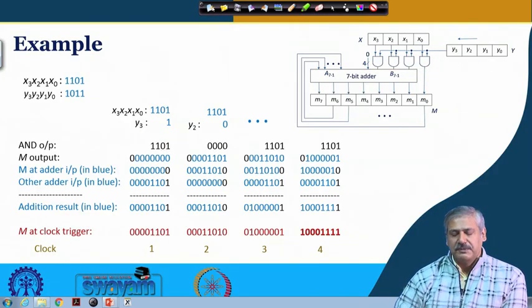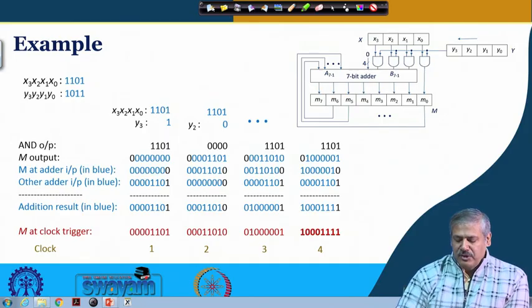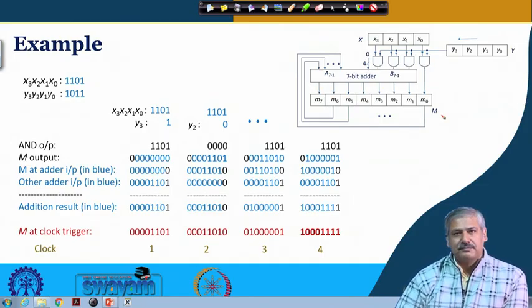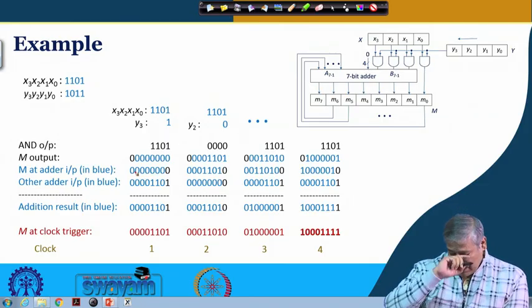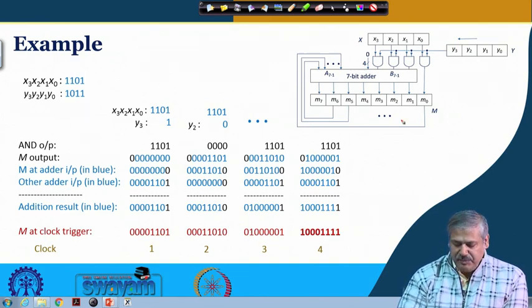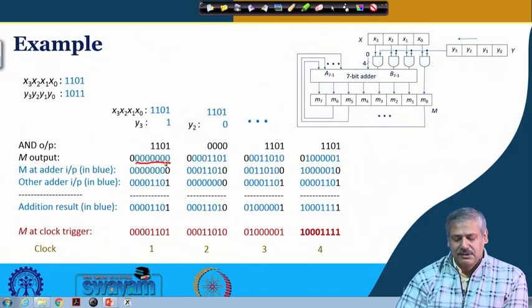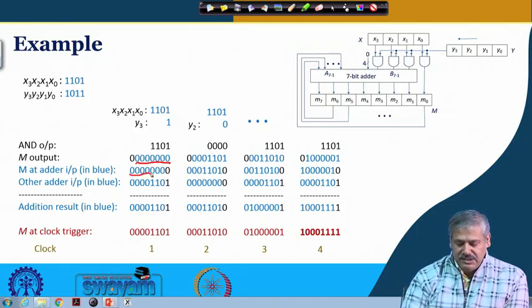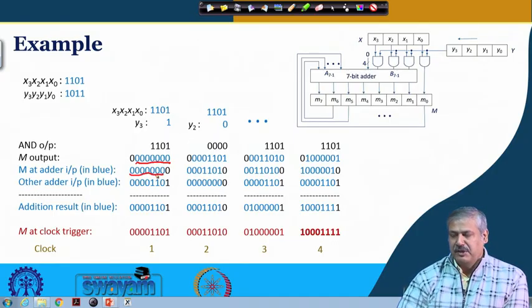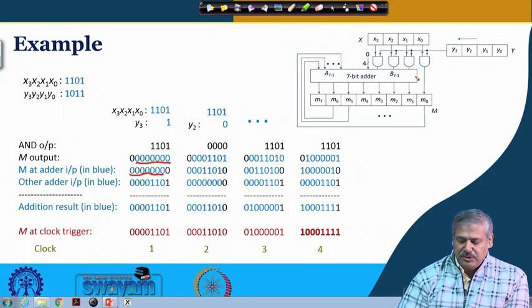It's clear. M output initially is all zeros. And out of these 8 zero bits, the 7 bits in the blue are getting fed back as the adder input. So, these 7 will be there. And the other adder input is what?